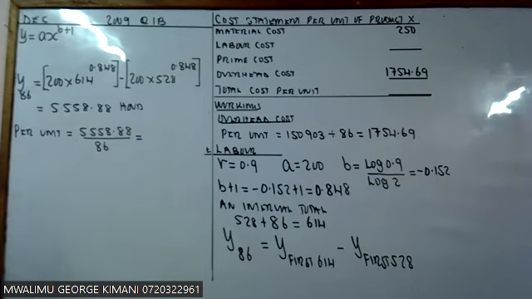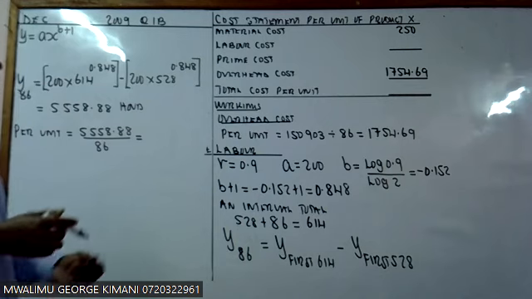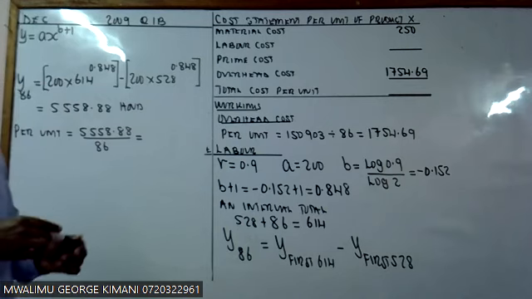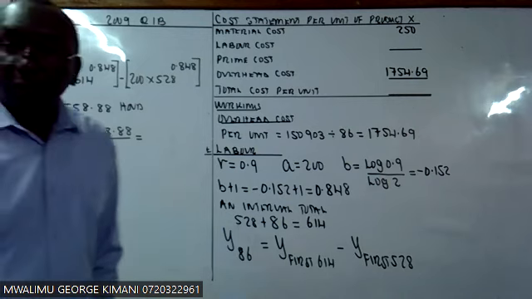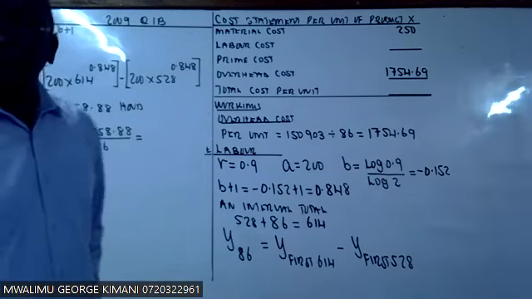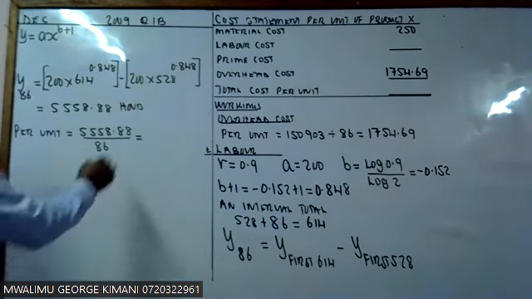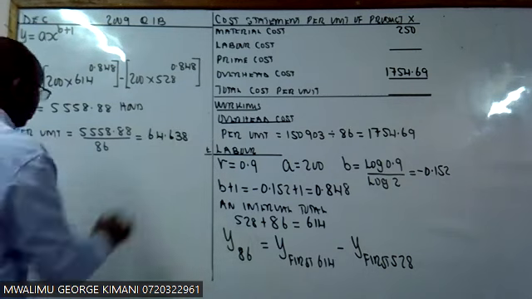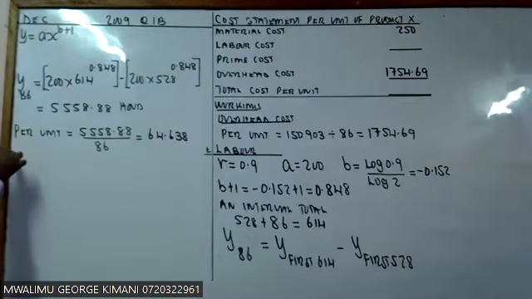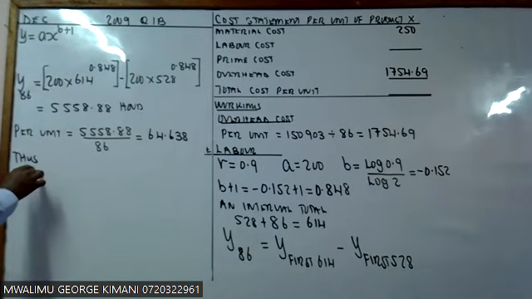So give me the answer to 3 decimals. 64.638. And that's unit labor costs.